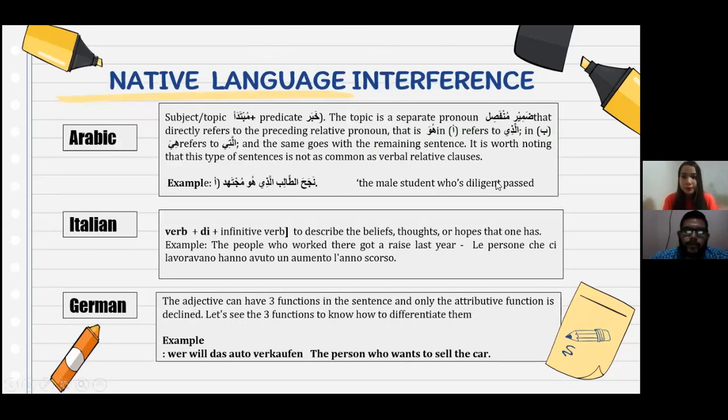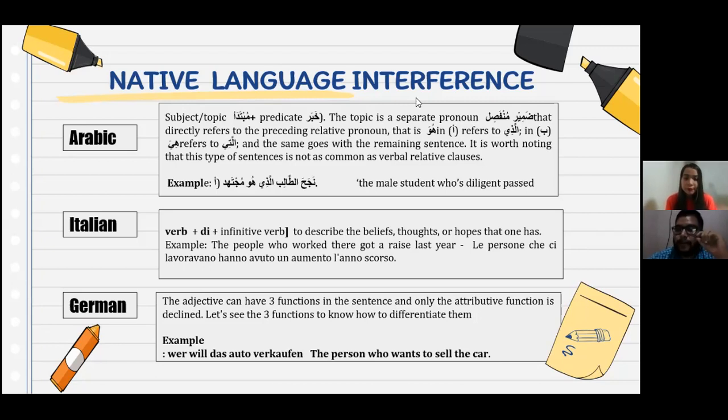Hello, everyone. So we are going to explain native language interference. For example, in Arabic, the subject topic is separate, and the pronouns directly refer to the preceding relative pronouns. In the first example, you see, "the student who is diligent passed it before."